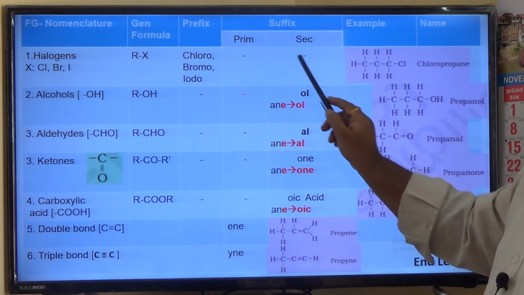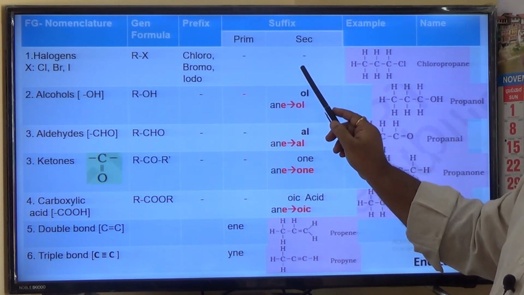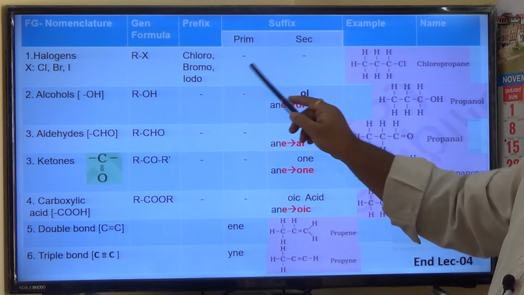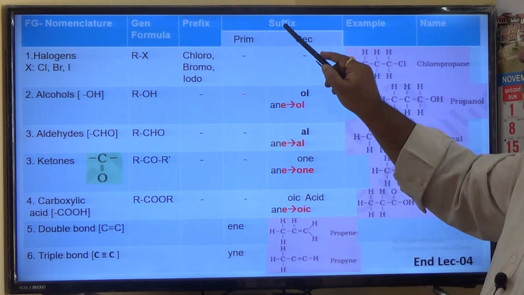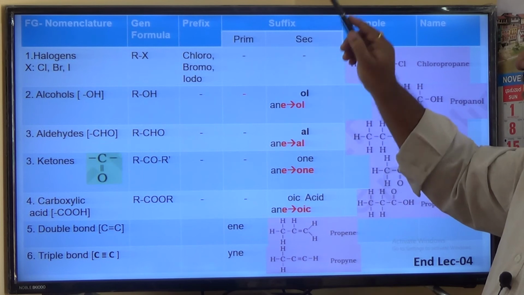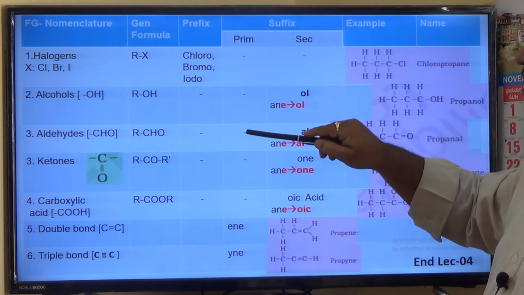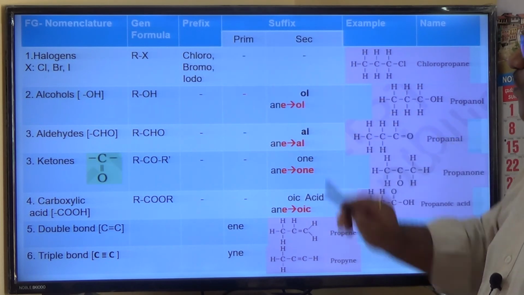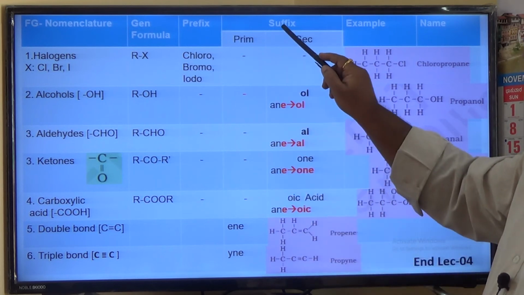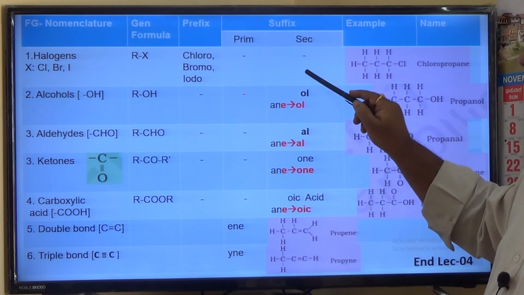No suffix for this. Is that clear? Of course there will be a primary suffix, ane, because alkanes are there. For alkanes we are attaching these prefixes, but there is no secondary suffix here.